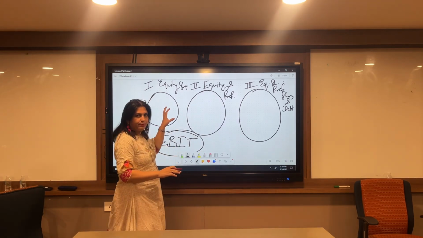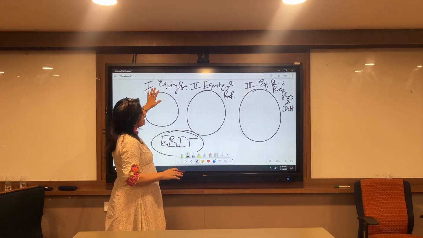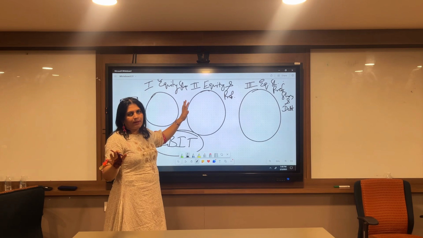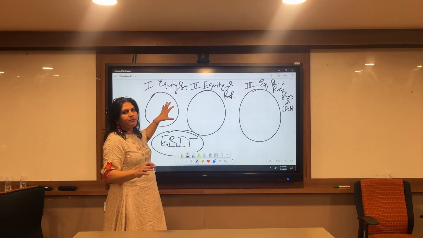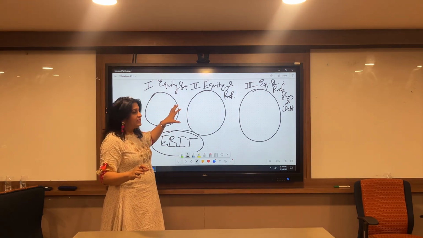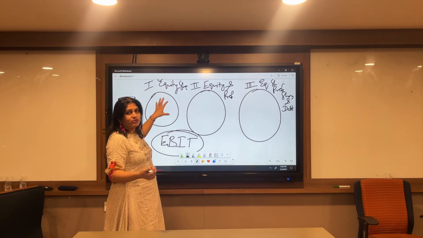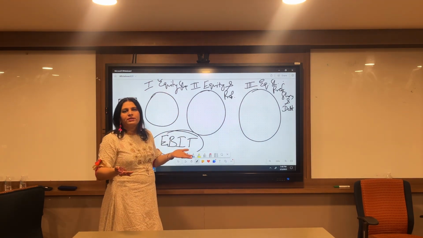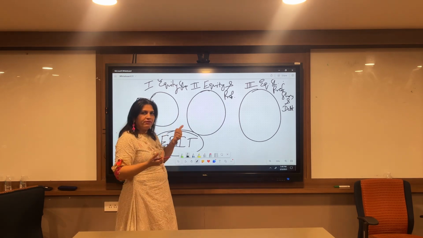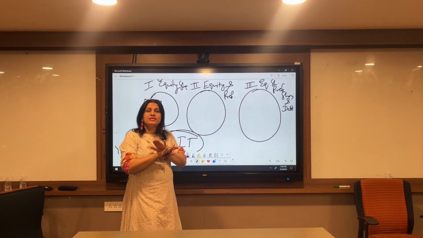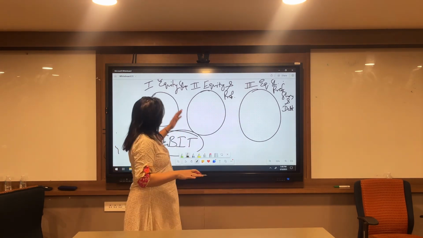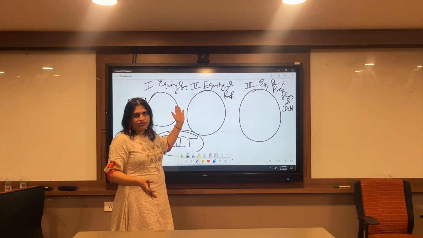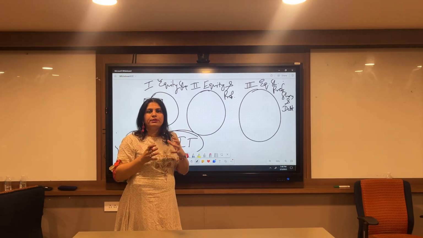Now what will happen in case the company has only equity shares in the capital structure? What will it pay first? Is it going to pay interest, that is cost on debt? No, because there is no debt component in the capital structure. Will it pay preference dividend? The answer is loud and clear, no, because there are no preference shares in the capital structure. So what will the company pay first?